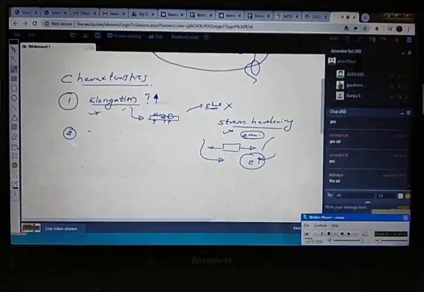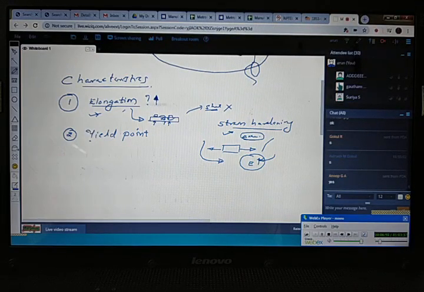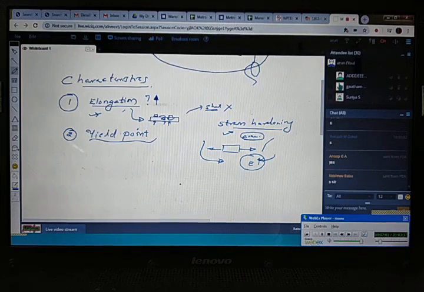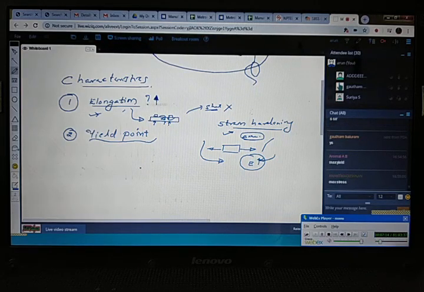The second one is yield point. What is a yield point? You might have heard of it. The change in length will be maximum.